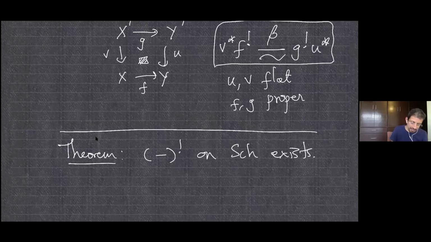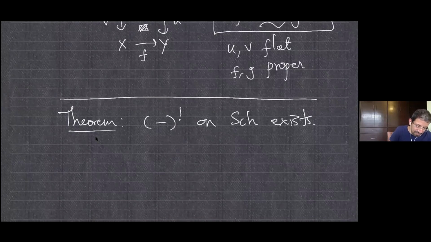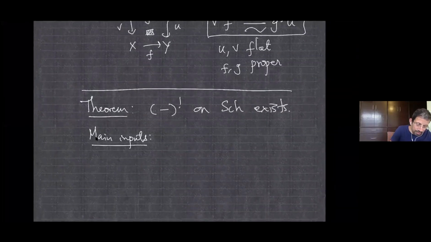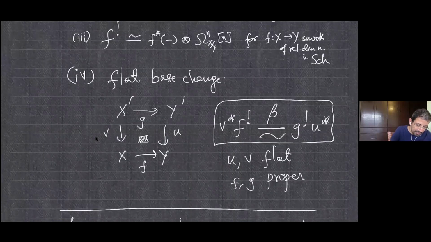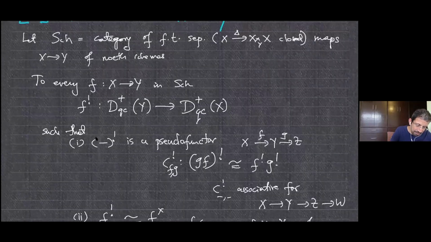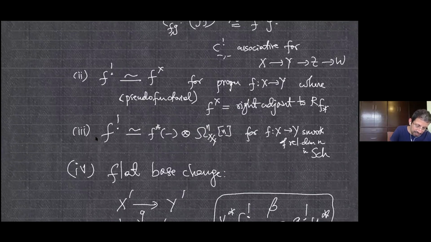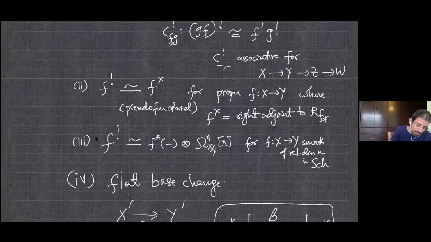And I will just briefly say what the main inputs are. When we talked about the projective situation, we were concentrating on the right adjoint. But now we are trying to define f upper Sch Rc for every map, and that may not be proper.